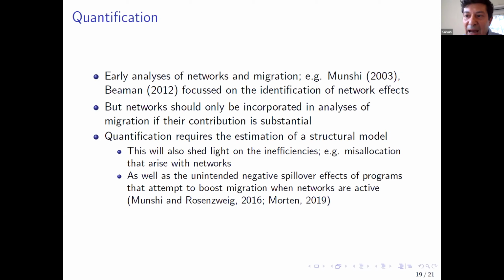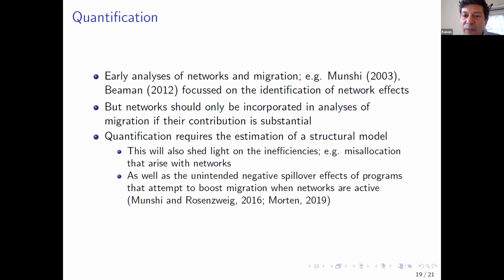And to establish that, you really need quantification. And for quantification, you need to estimate a structural model. So the one thing I would like to say is that we need to move beyond just identification and think about the migration decision within the context of a model, typically, as I said, the Roy model with networks, and then think about structural estimation.